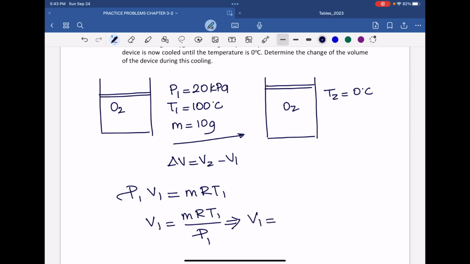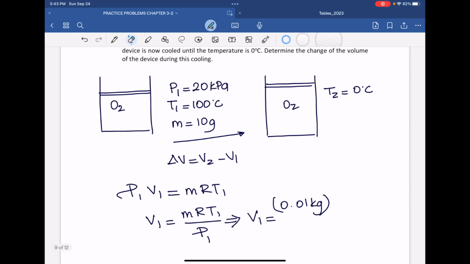Mass is given. R is table A1. We read the R for the oxygen. But I don't have enough space here, so I'm gonna erase this and start again.